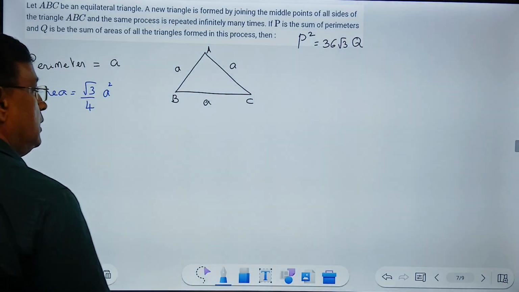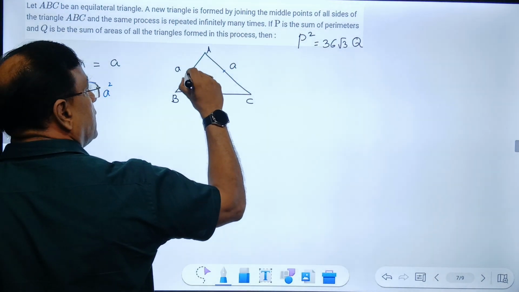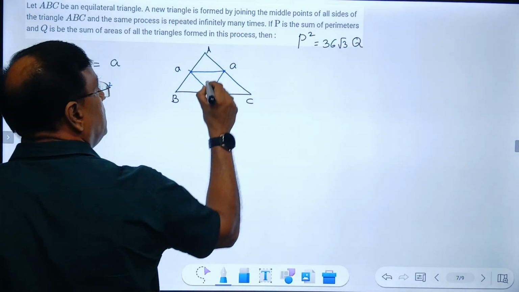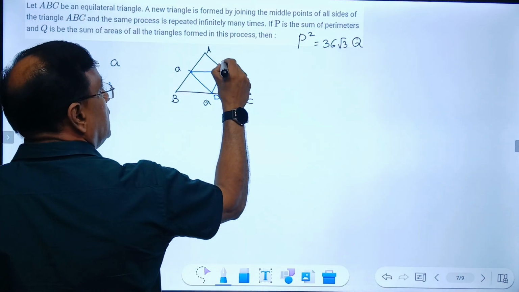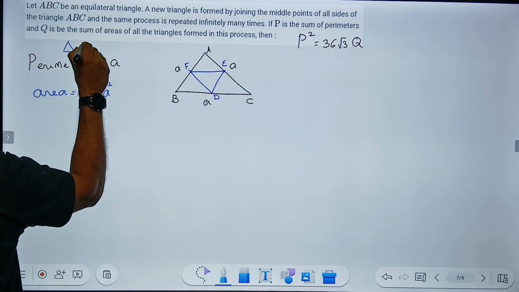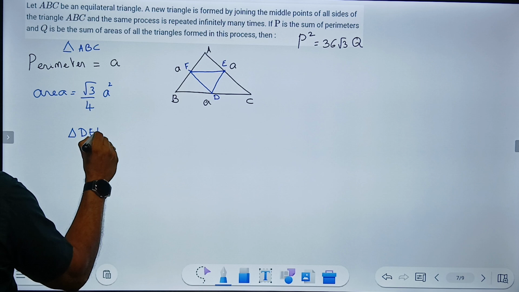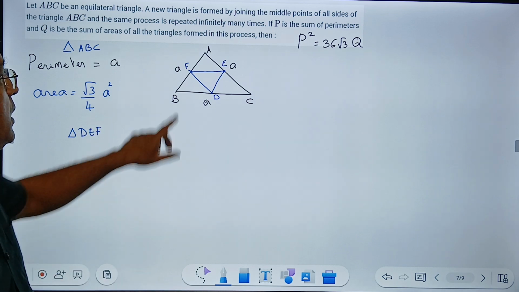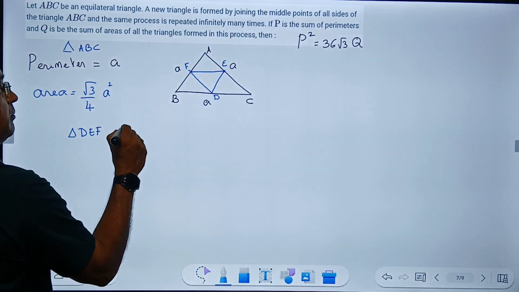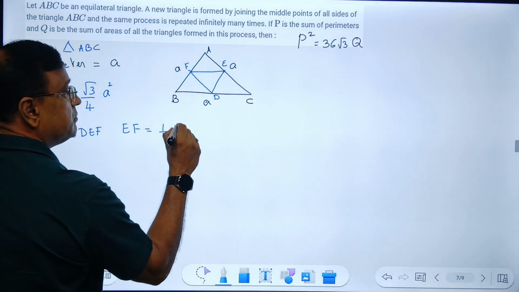Now what is he asking you to do? He is asking you to take the midpoints of the sides of the triangle and form another triangle. Let me name this triangle D, E and F. This is for triangle ABC. Now I am going to triangle DEF. Since it is an equilateral triangle and F and E are the midpoints of the sides, by the midpoint formula EF will be half of BC.